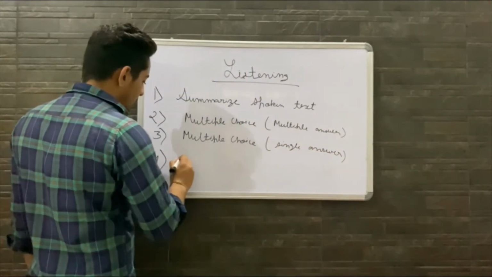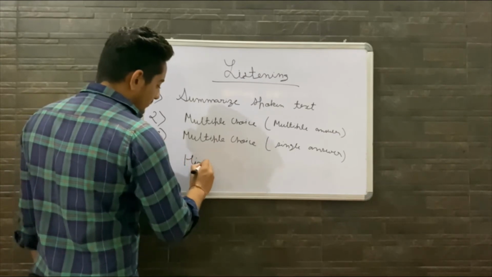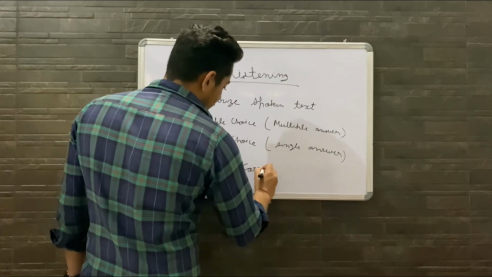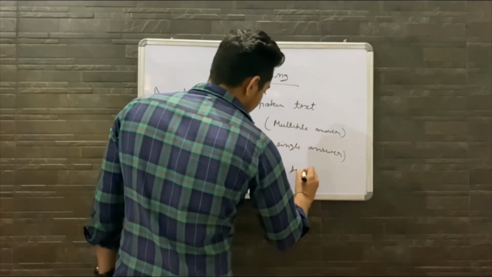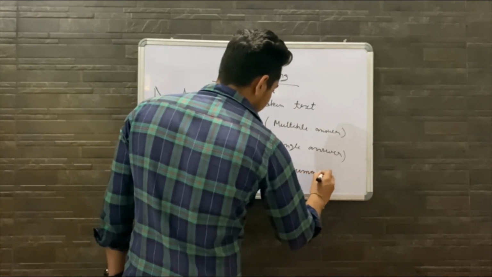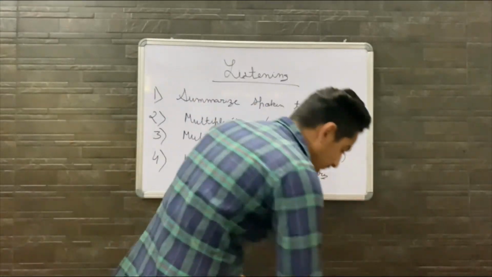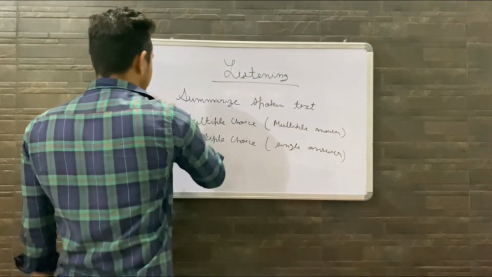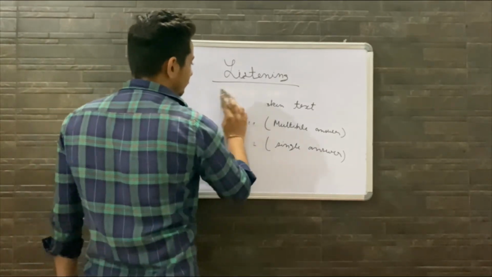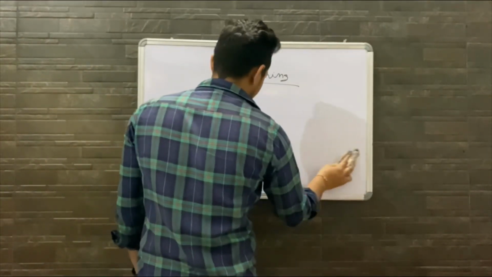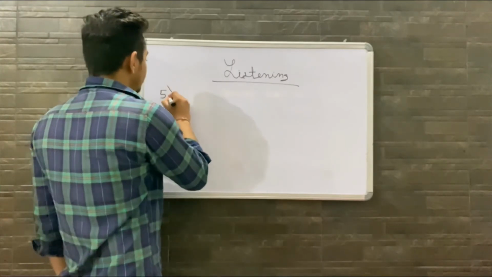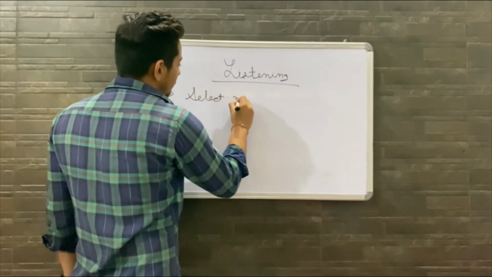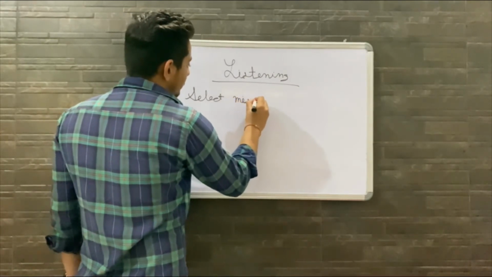And fourth one is highlight correct summary. Fifth is select missing words.